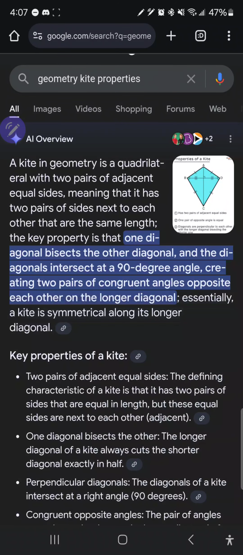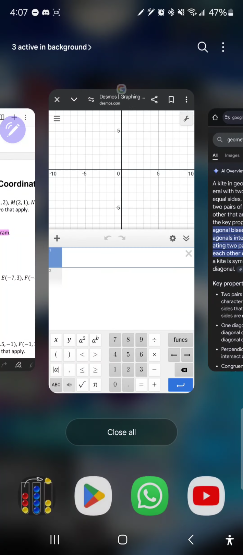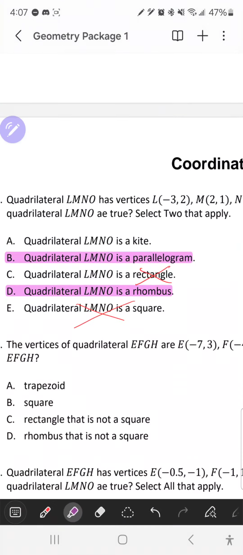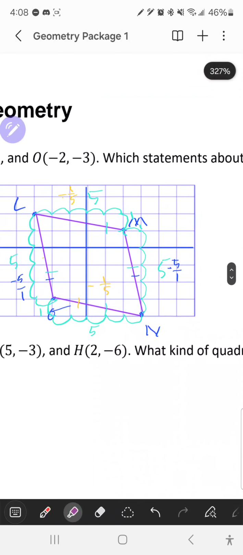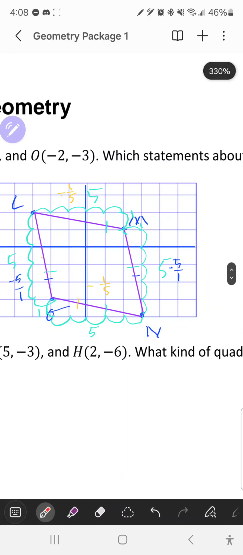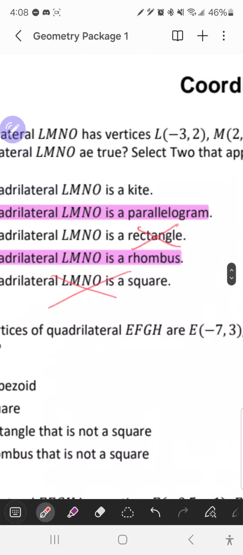Basically, the property of a kite is that the diagonals intersect and form a right angle, and as we can see here, they do, so this will also be true.